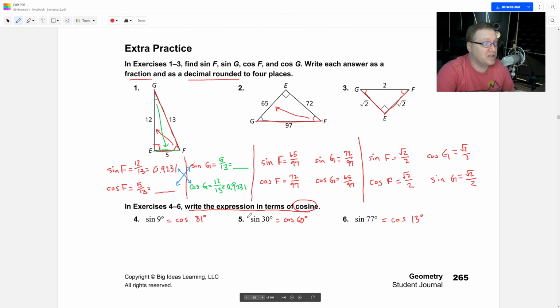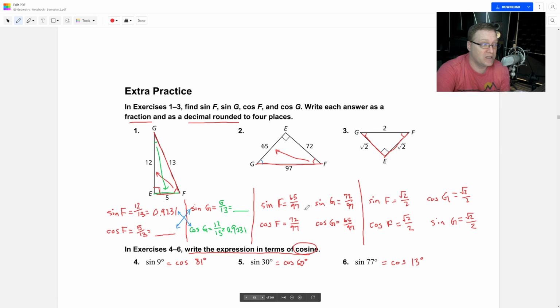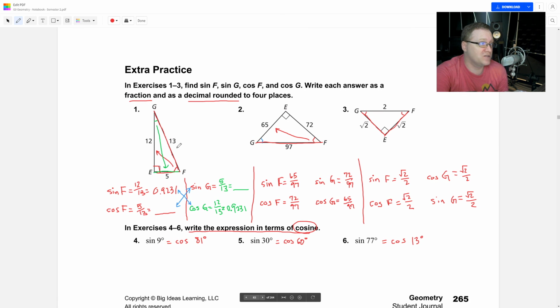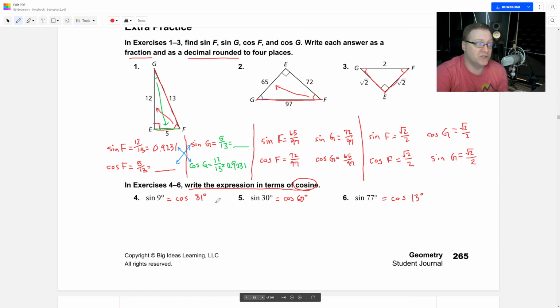All right, so that's everything that we're going to talk about for today. I will give you guys homework assignments to practice finding the sine and the cosine, and also to use this trick, where the sine of x degrees equals the cosine of 90 minus x degrees. So remember that. Sine of x equals the cosine of 90 minus x, and that's degrees.